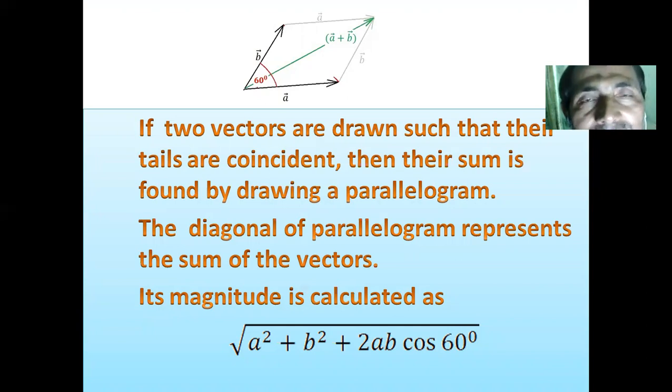The diagonal of this parallelogram will indicate the sum of the two vectors. And the magnitude of the sum of the vectors is written with the symbol plus: a square plus b square plus 2ab cos theta. So this is done like this.